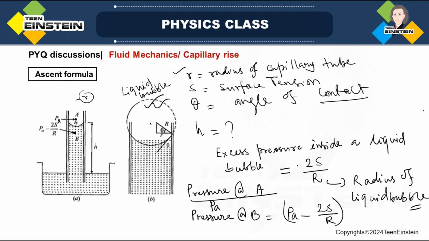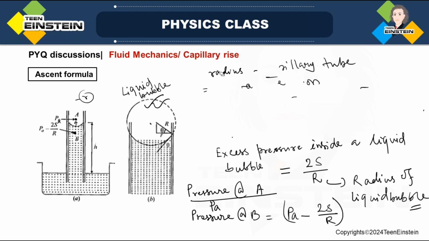Let me clean this portion. Due to this excess pressure, the liquid will be dragged through the narrow capillary tube up to this height h. This liquid column inside the tube will also have a certain hydrostatic pressure in the downward direction, that is h rho g, and this will be balanced by this 2S by R, the excess pressure.